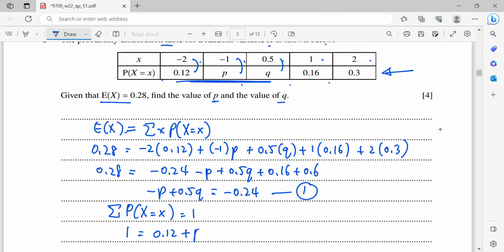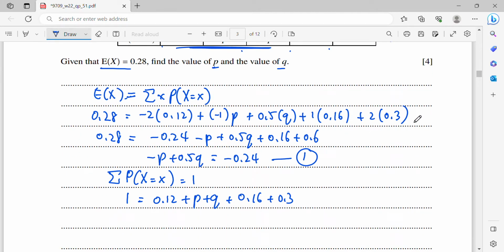So here, plus P plus Q plus 0.16 plus 0.3. Okay, and again, let the P and Q be one side and then all the rest on the other side. So once you move the constants to the other side, you will be getting 0.42. That is our second equation.